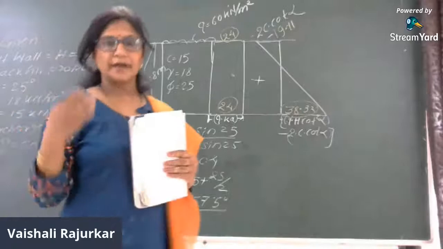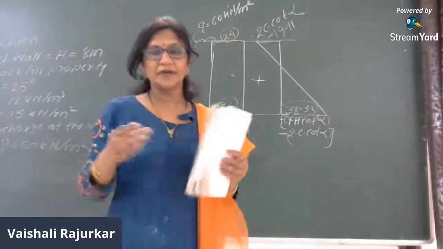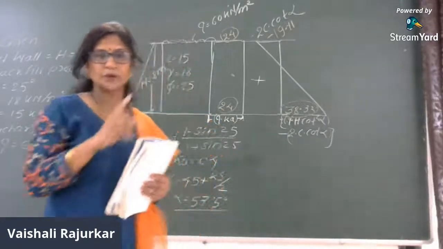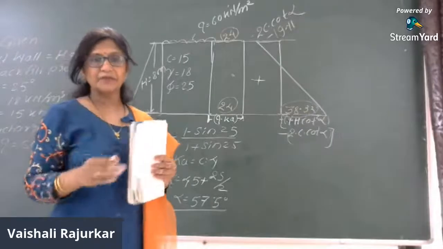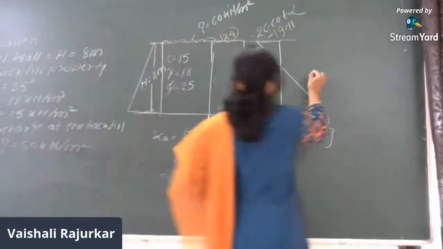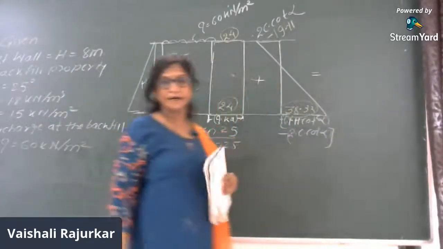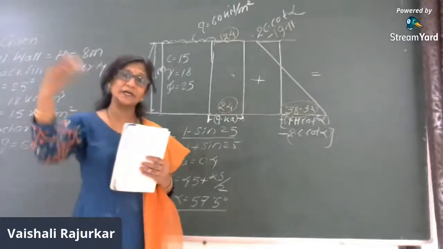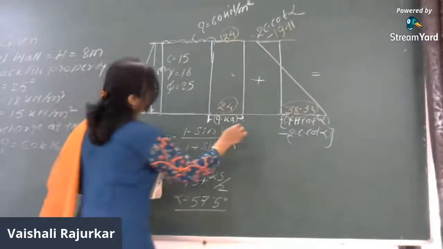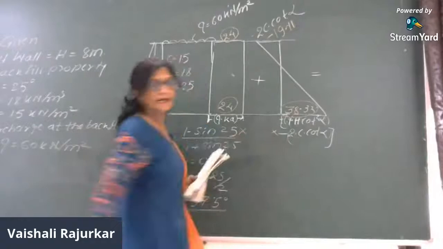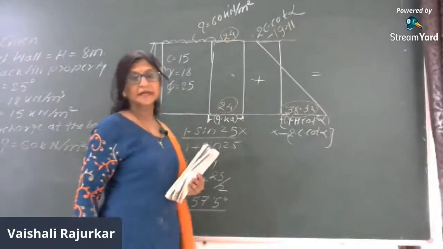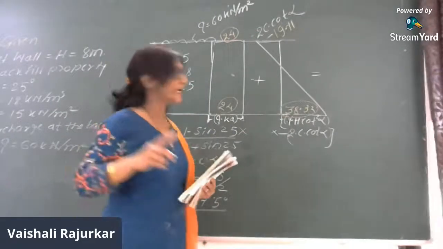Instead of taking the individual area of both, we will just add them. We will just add both the diagrams and then calculate the area of the total distribution diagram. Here we are not taking into consideration the separate diagrams. We will just take into consideration the total diagram.